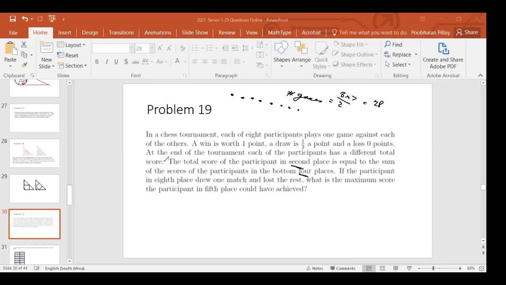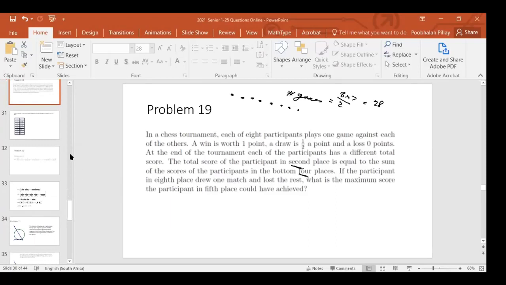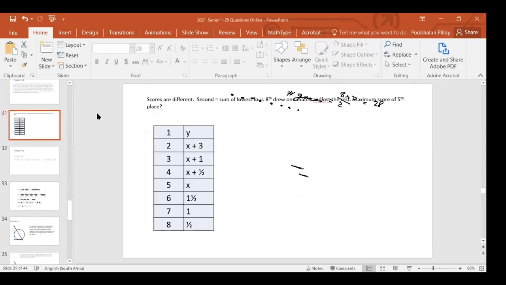So it's kind of a tricky, complicated problem. But let me just go through this. I've explained what this is, and I've drawn a table here. Let me explain what I've done here.